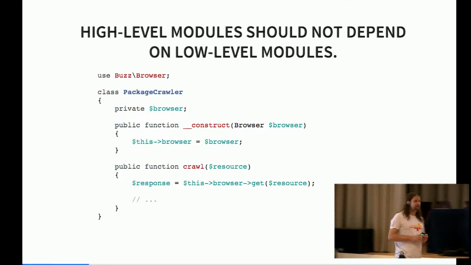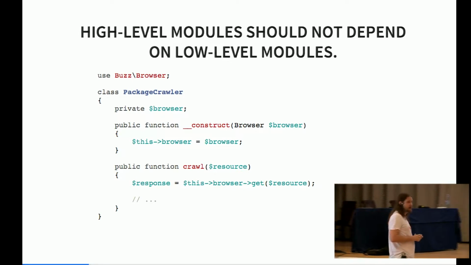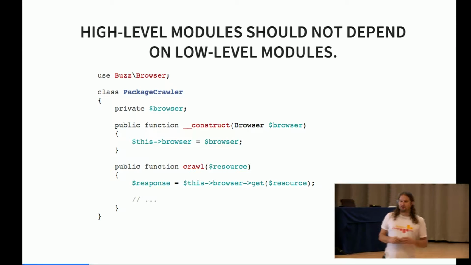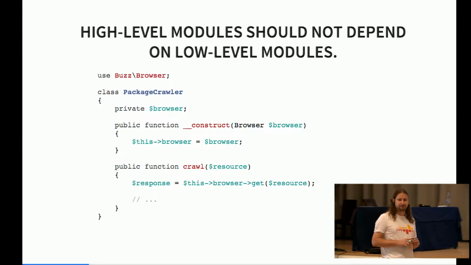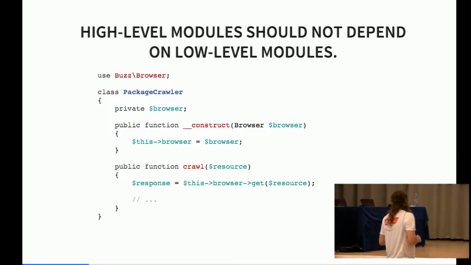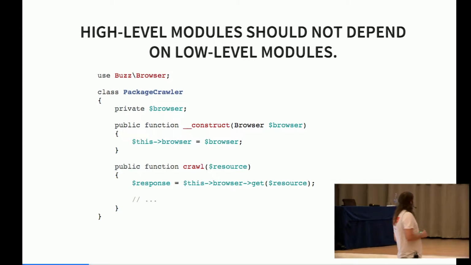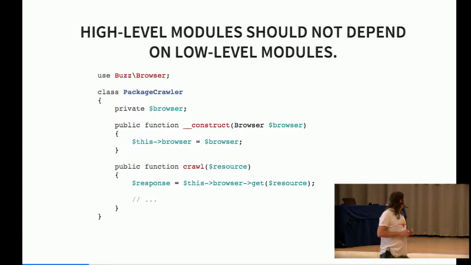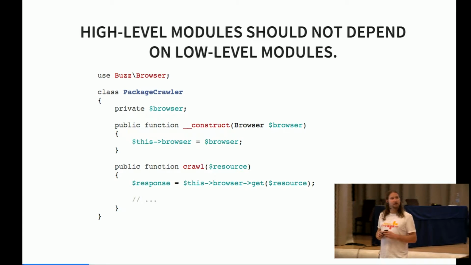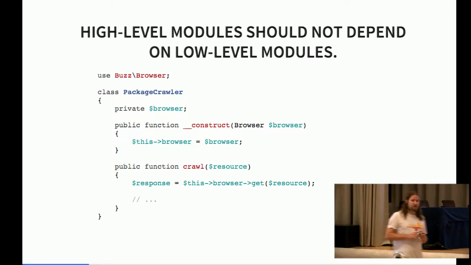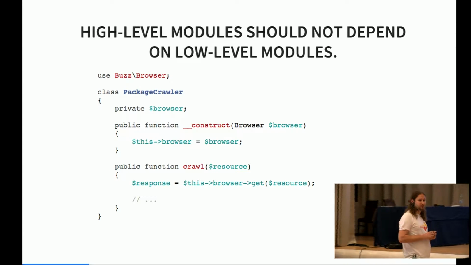We've got a package crawler, and the package crawler uses Buzz browser. That's a small library for making HTTP connections. Buzz browser is injected into the constructor. We use dependency injection, great. And then in the crawl method, we just use it to fetch the resource.